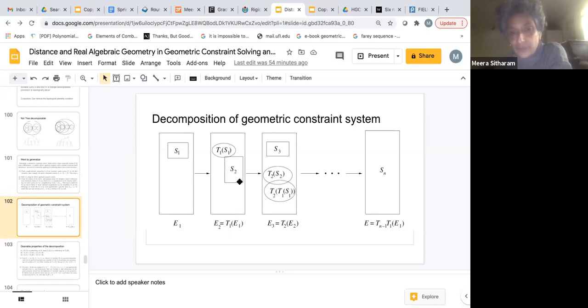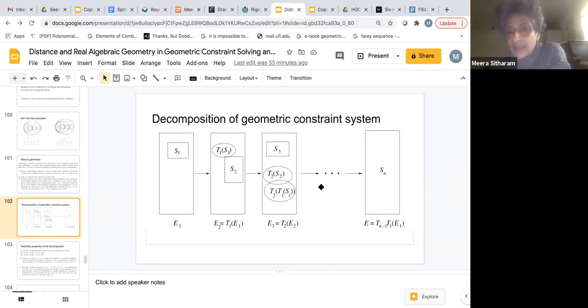And then you find another subsystem here, simplify it, and then you get a new system, and you find a new one, and so on and so forth. The second transformation that simplifies this system might also end up simplifying the previous one. That's fine. But the key thing is you're preserving real solutions as you proceed.